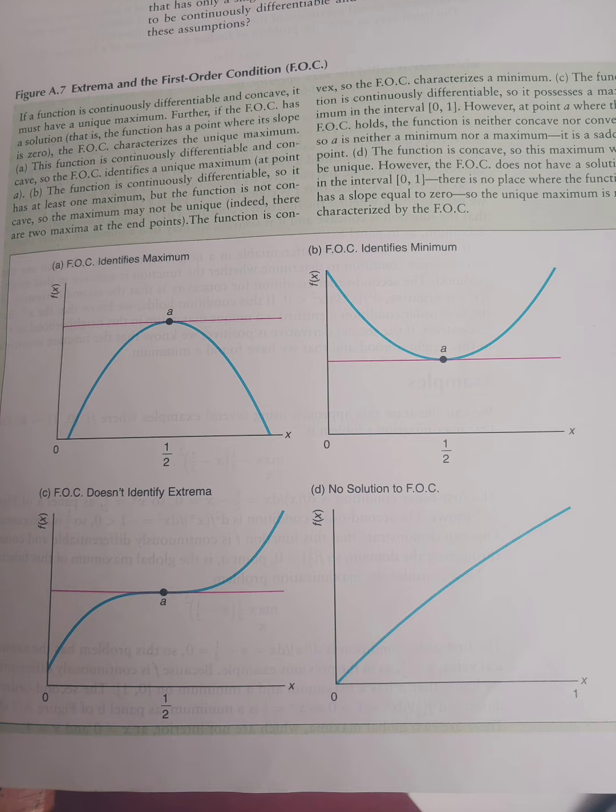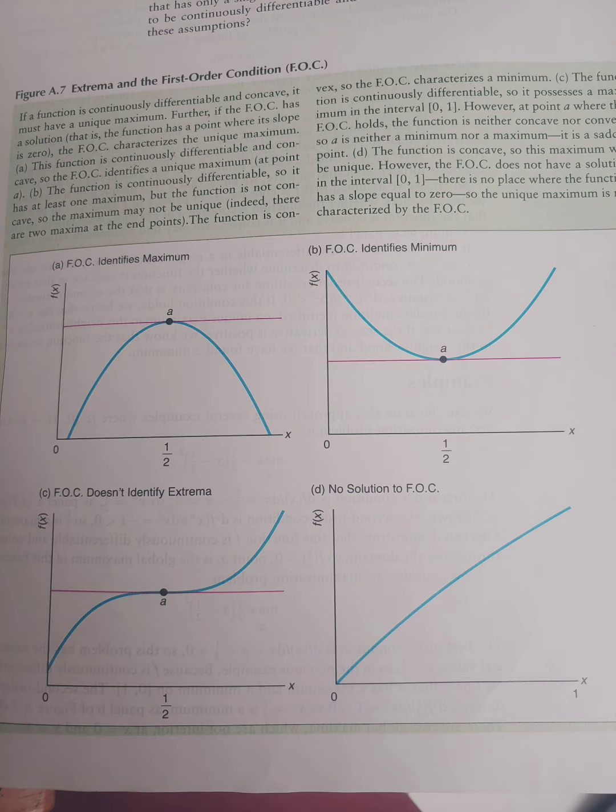In figure A.6, we have interior extrema. There are two panels. Panel A is interior maximum. There's a horizontal x-axis, and there is a moderately concave line that intersects the x-axis at 0.5.